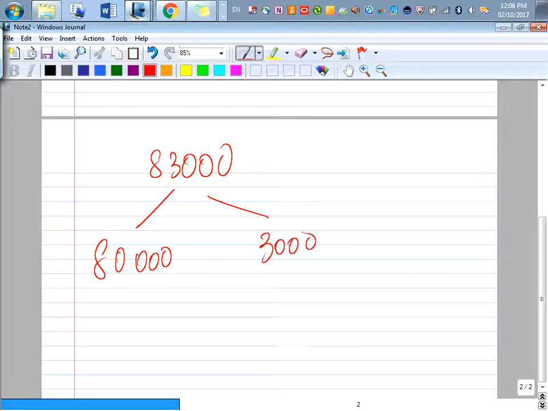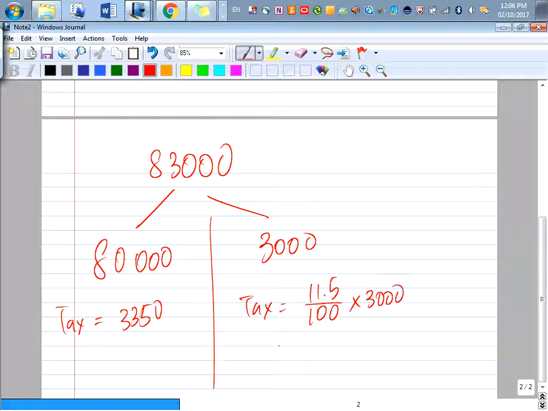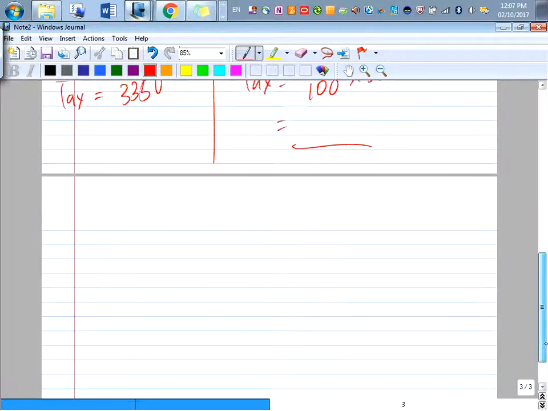How much tax is she paying for the first $80,000? For the first $80,000, it is $3,350 based on the table. For the next $3,000, the tax is equal to 11.5%. Then we add both of it up.